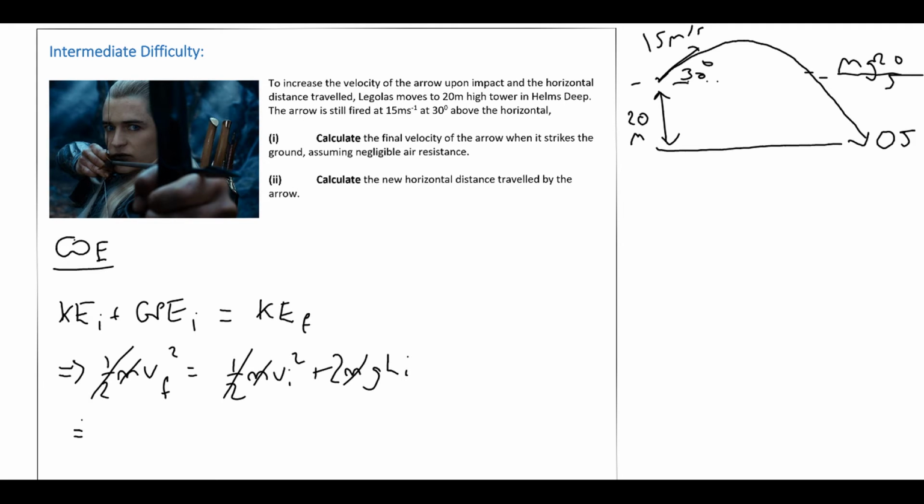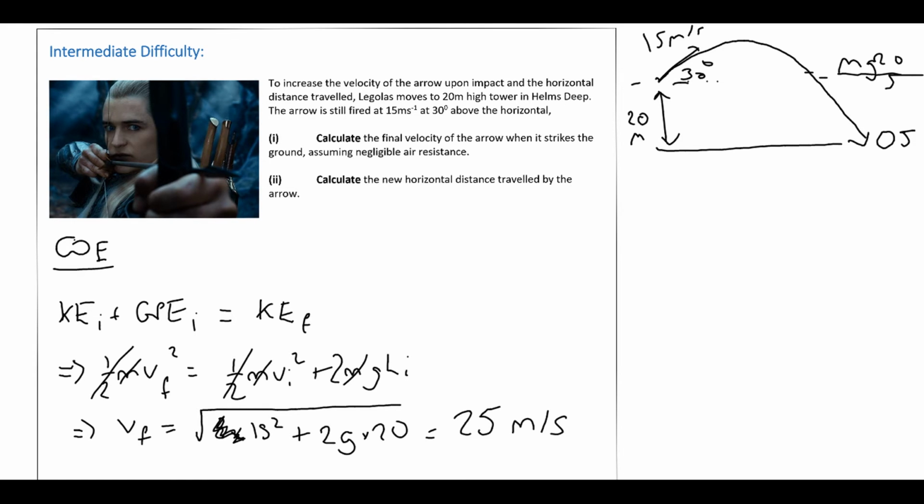So the final velocity is going to be the square root of 15 squared plus 2 times 9.81 times 20, and when we do that we will get a value of 25 meters per second, so we've increased the velocity, which is what you'd expect because you've transferred in some energy.